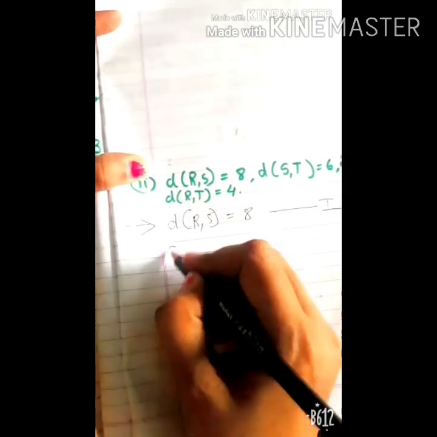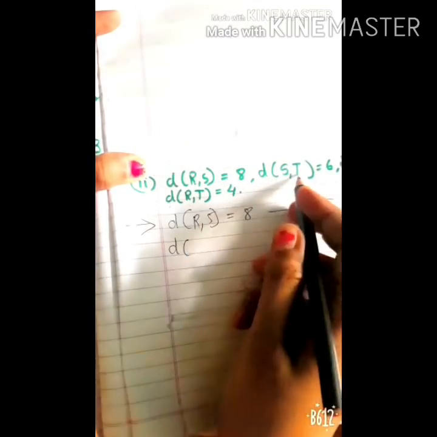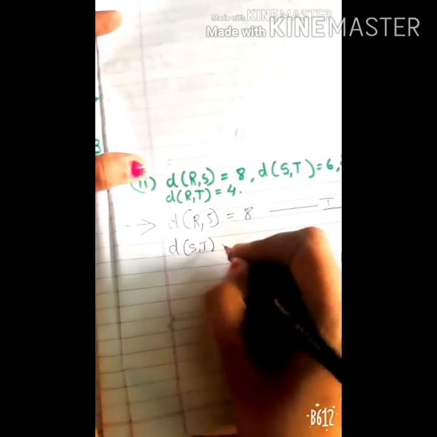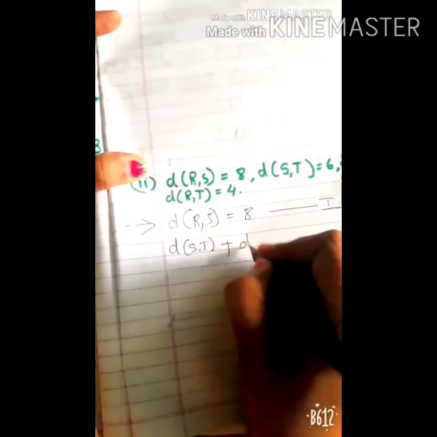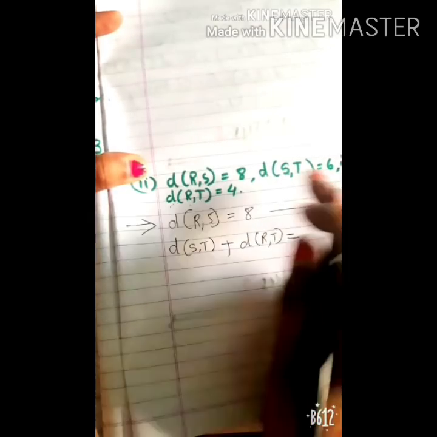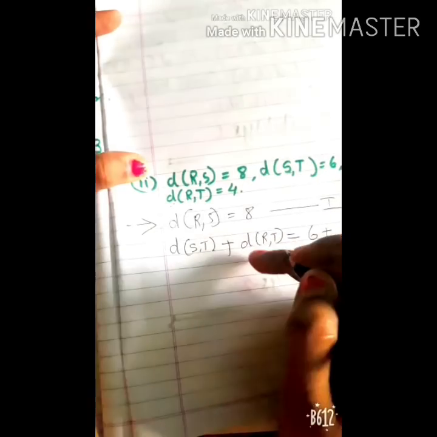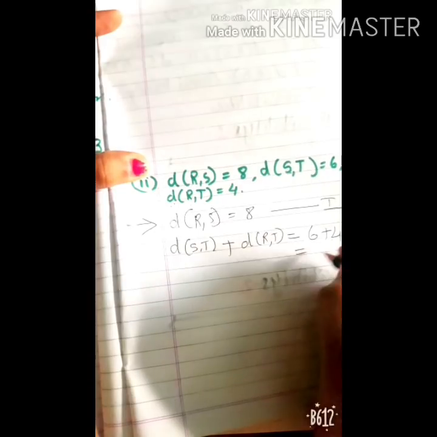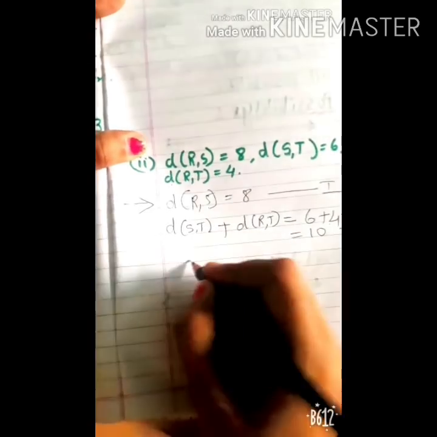The remaining two distances: ST plus RT equals ST given as 6 plus RT given as 4. 6 plus 4 is 10. That is equation number 2.